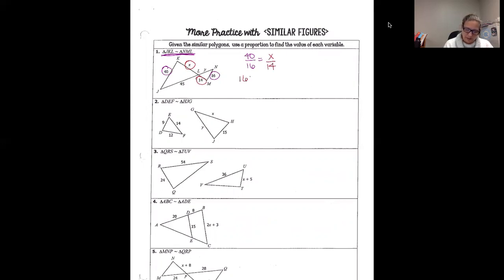And cross multiply, and X is 35. And then I'm going to keep 40 over 16 because that is consistent. This time I'm going to do 45 over Y, 5 over Y, cross multiply, and Y is 18.